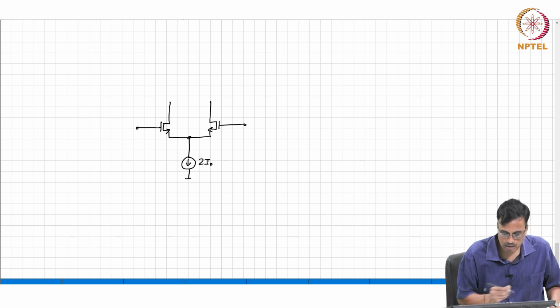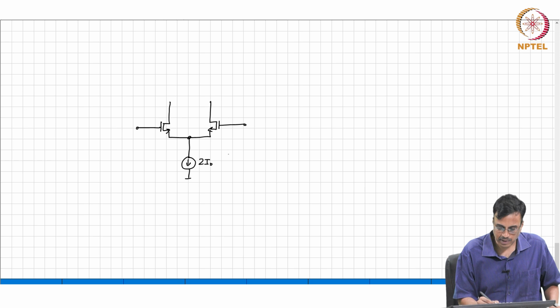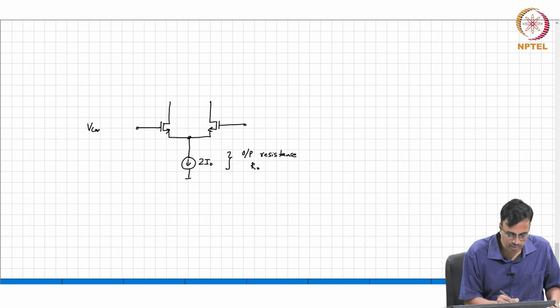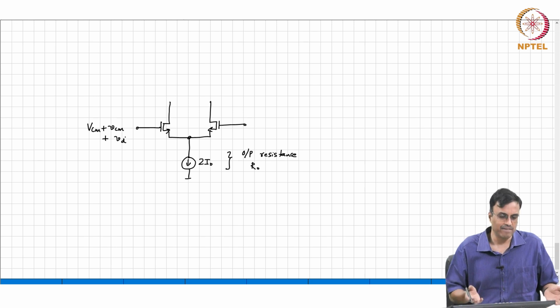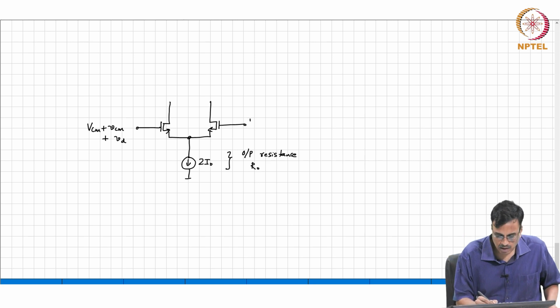the tail current is 2I naught, and let us assume that it has an output resistance of R naught. The input voltages are capital VCM plus some small VCM plus some small VD, where the small VCM models the change in the average voltage, and the other input is minus VD.